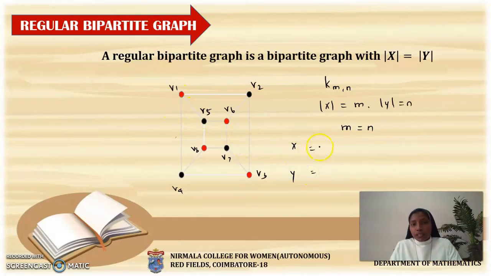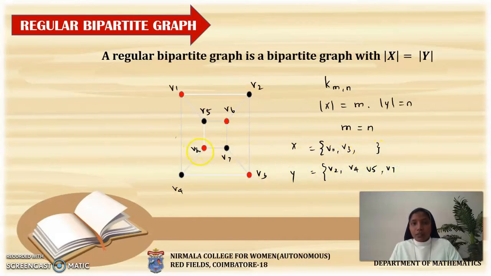Suppose if I choose V1 in X, then the adjacent vertices V2, V5, V4 can be only in Y. Next, when we move on to V3, V3 is not adjacent to V1, therefore V3 can be found in X. The adjacent vertices of V3 are V7 and V4, V2; already they are in Y, therefore we can only find out V7.